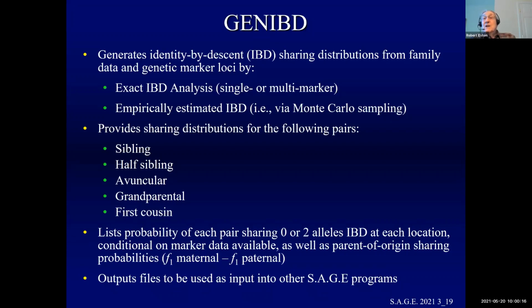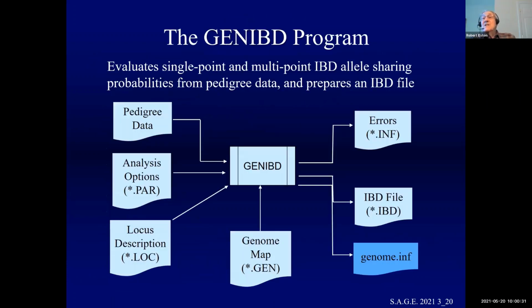The output files that you get here, you use as input into other S.A.G.E programs. So this GenIBD is purely to be used for other programs such as linkage and relative testing. So this is where you take over, I believe, Yunju.